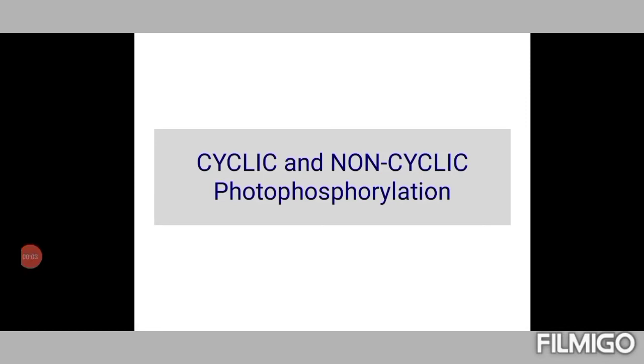After photoexcitation of chlorophyll, we move on to see cyclic and non-cyclic photophosphorylation. The excited electron released from the principal pigment, a high energy electron with a high reducing potential, travels through certain protein cluster assemblies. In cyclic photophosphorylation, the electron which left the principal pigment reaches the same point, whereas in non-cyclic photophosphorylation, the electron does not reach the same point from where it was left.